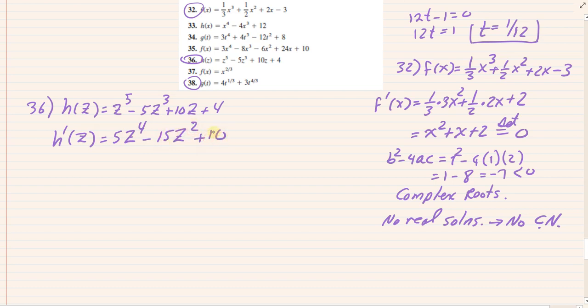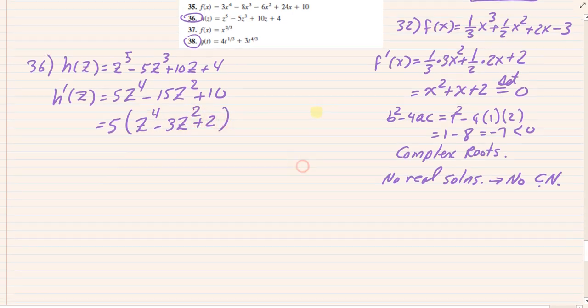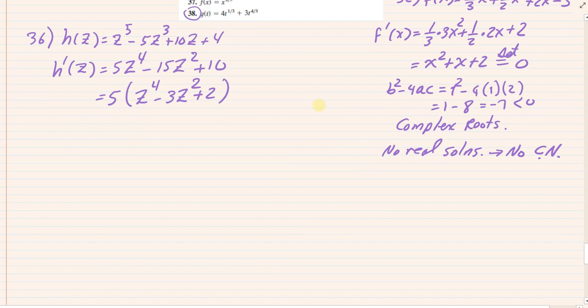And then we need to factor this one, right? Now, for number 36, we can actually factor a 5 out to make it a little easier, right? So it's going to be 5 times z fourth negative 3z squared plus 2. And then again, these are the type of quadratics where in intermediate algebra classes they're called quadratic in form.